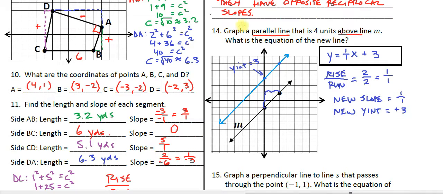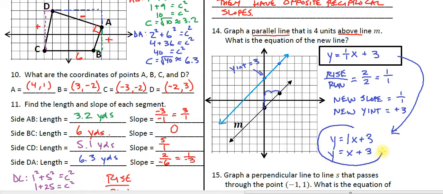So in case it's a multiple choice, you recognize this may be written as y equals 1x plus 3. It also could be written as y equals x plus 3, because we can assume that a 1 in front of the x doesn't change the value of x. So be aware that these are also possible answers if this were a multiple choice question.